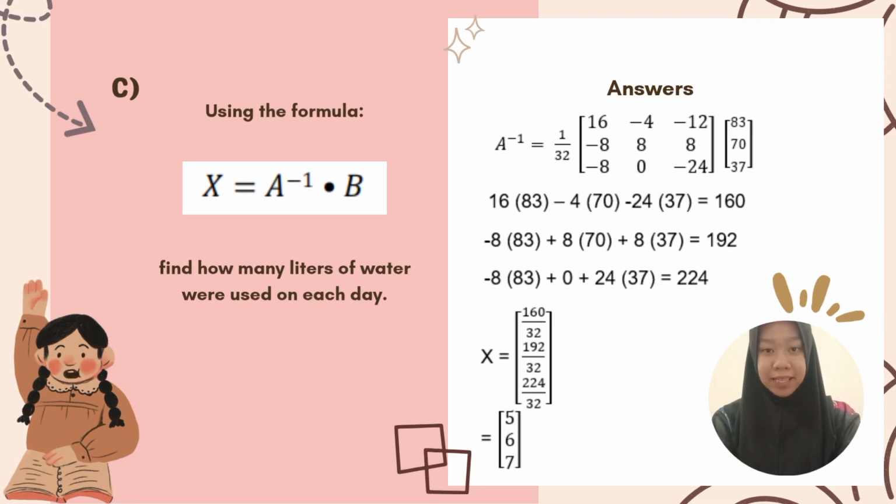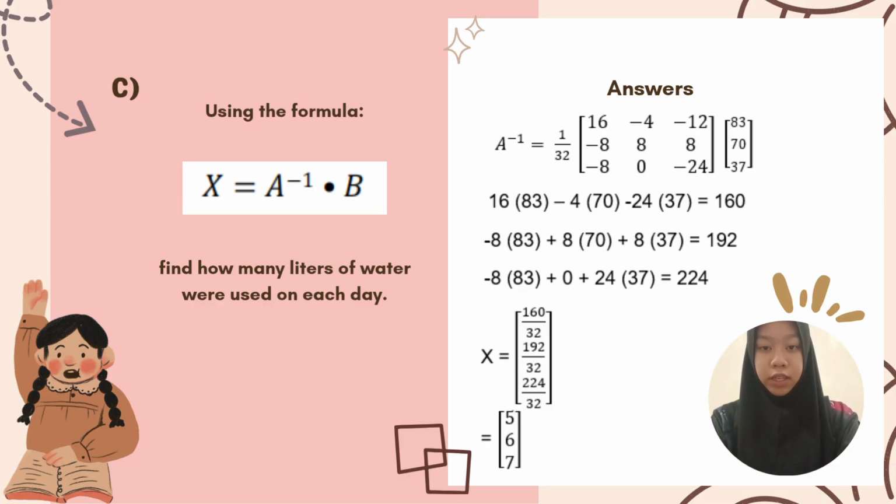Okay, next for part C, we use the formula X = A inverse B to determine the amount of water used each day. First, the inverse matrix A inverse was multiplied by matrix B using the row and column method. For the first row, the calculation is 16 times 83 plus negative 4 times 70 plus negative 24 times 37 equal to 160.